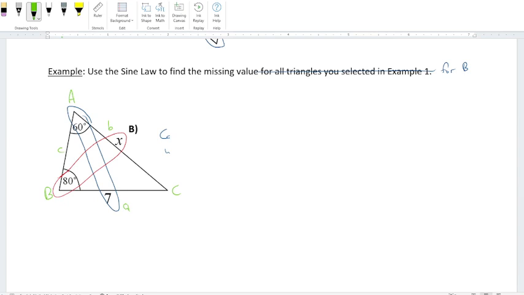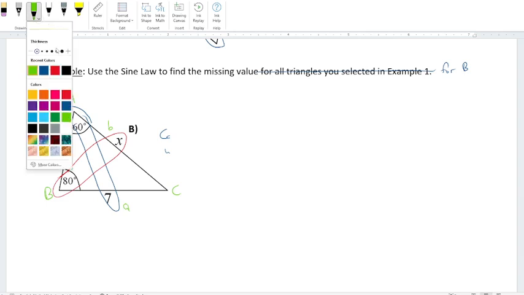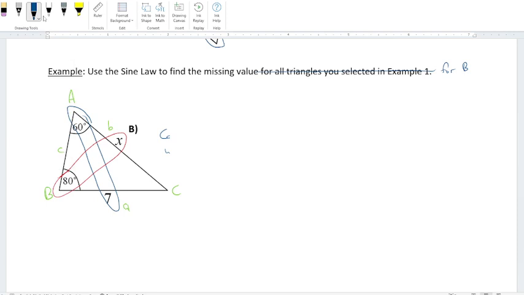So this time I'm dealing with angle B inside B and angle A inside A. So I'm going to use the first two ratios from our proportion. So that means I'm going to use A over sine A is equal to B over sine B. And we'll substitute in all our values.